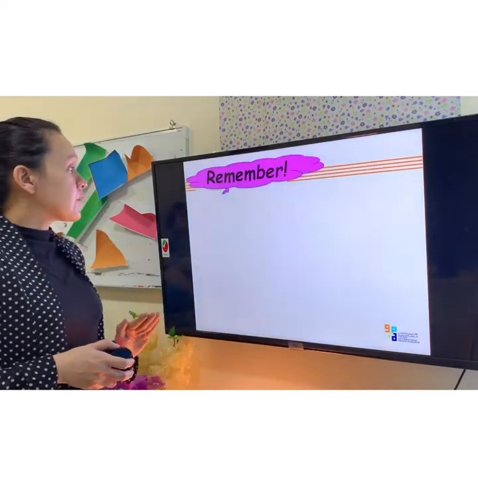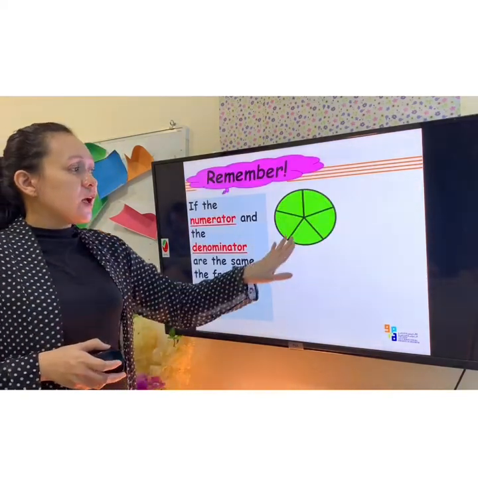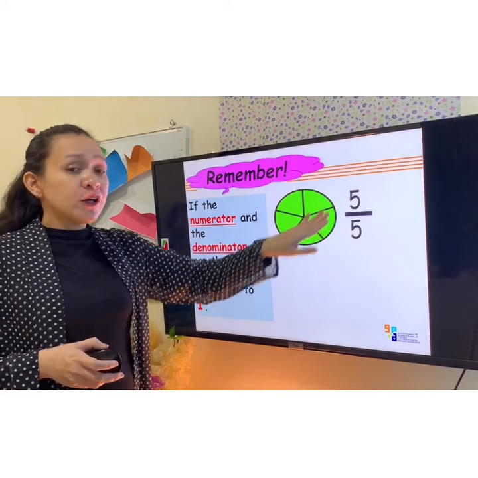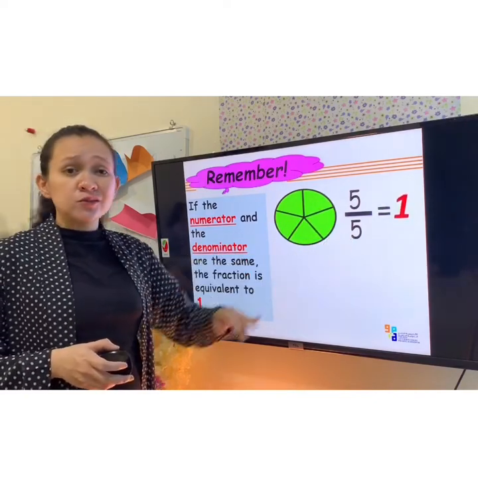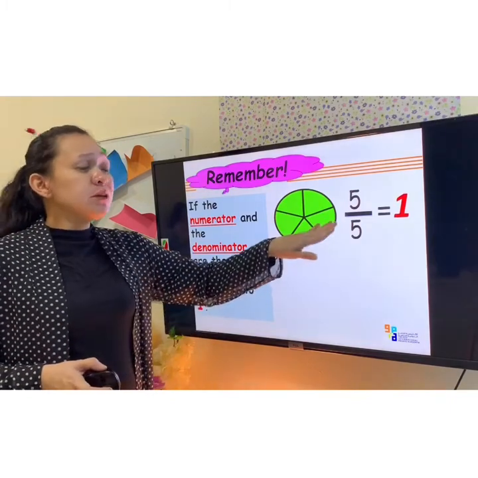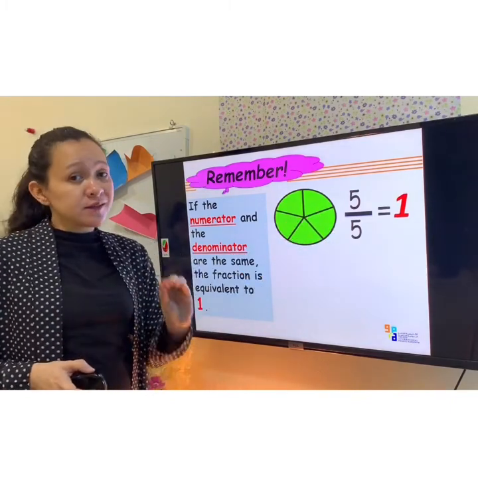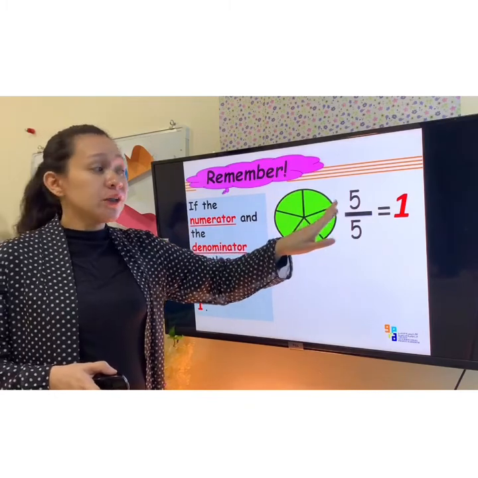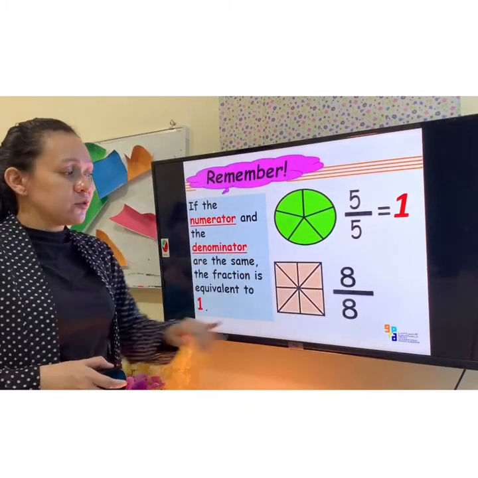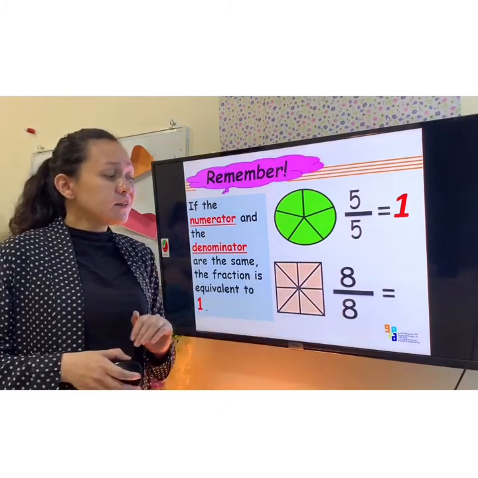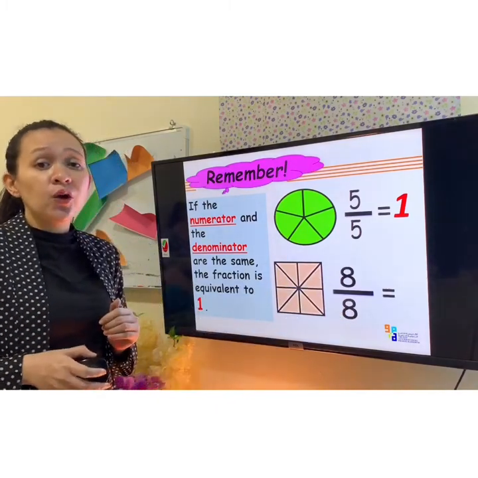So let's have another example. Here is our figure, and the fraction is 5/5, and it is equivalent to 1. Again, if the numerator and the denominator are the same, the fraction is equivalent to 1. Now let's check another example: 8/8, and it is equivalent to 1.